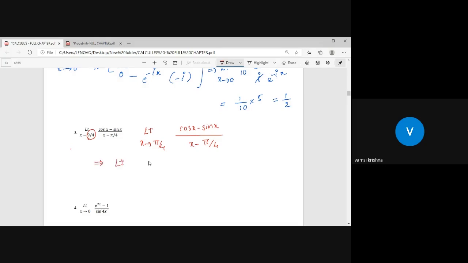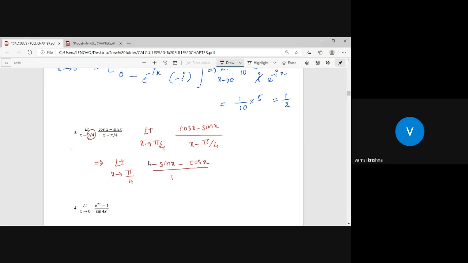Limit x tends to pi by 4, cos x. Cos x differentiation is minus sin x, we have minus sin x differentiation is cos x only, divided by x differentiation is 1, 1 minus 0, so that is 1 simply.